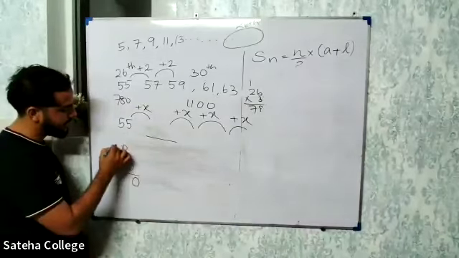Cut the 2 and 2. Then you have 320. 5 into 55, that is 275, plus 5 into 2, that is 10x. Bring the 275 here. 320 minus 275 is equal to 10x.